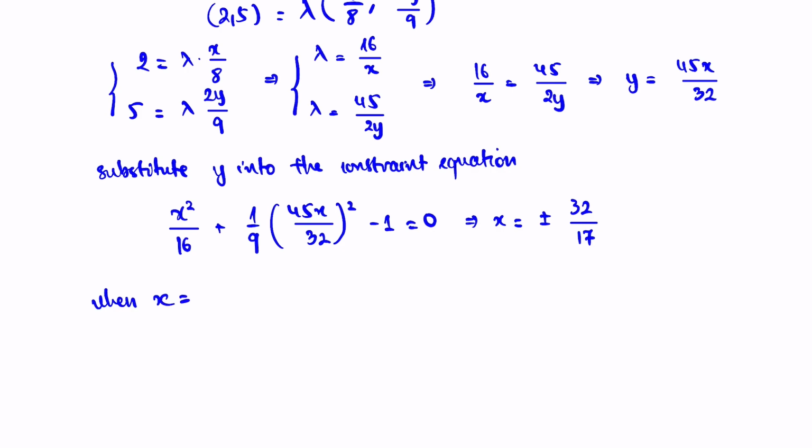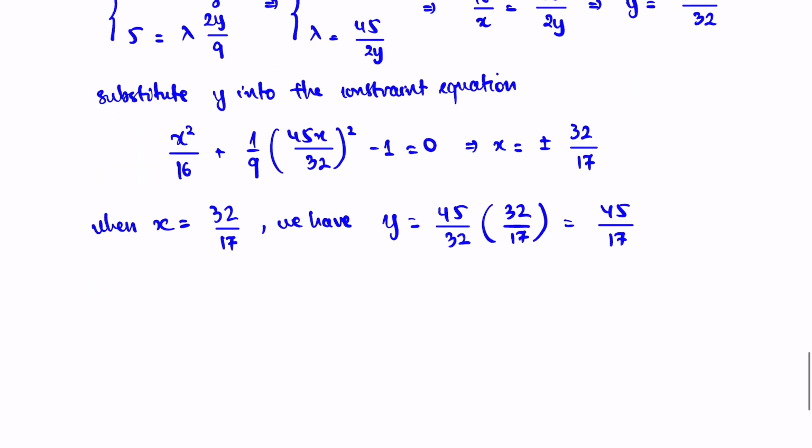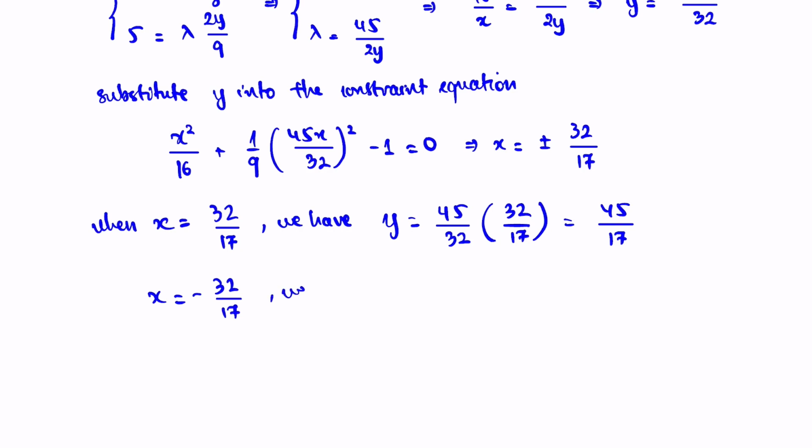When x is equal to 32 over 17, y is equal to 45 over 32 times 32 over 17, or 45 over 17. When x is equal to negative 32 over 17, y is equal to 45 over 32 times negative 32 over 17, or negative 45 over 17.